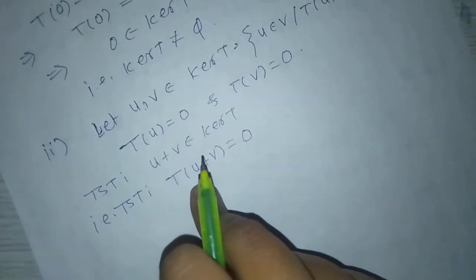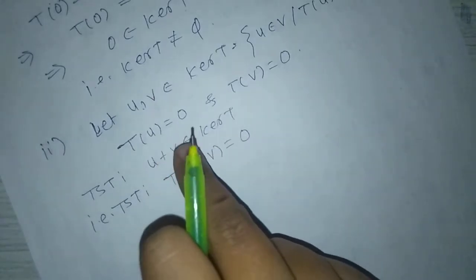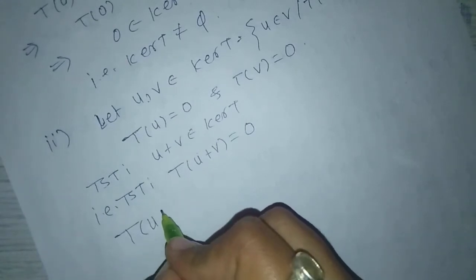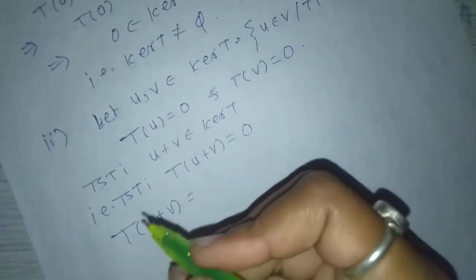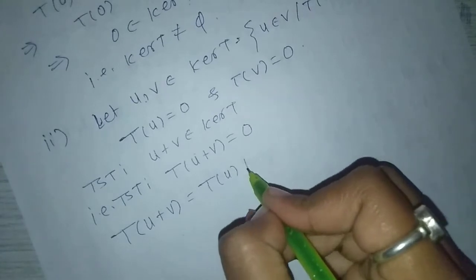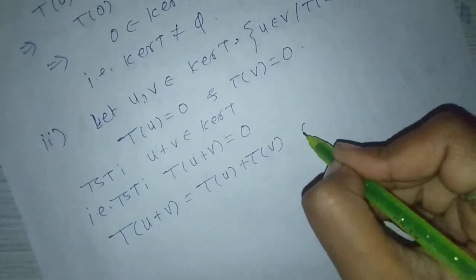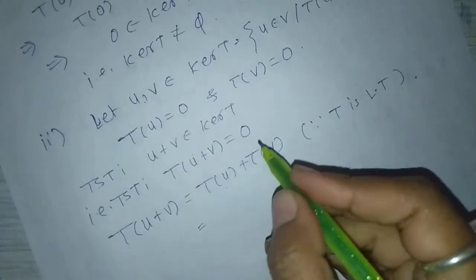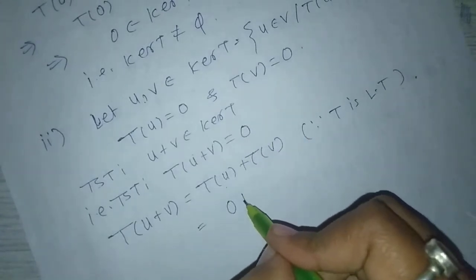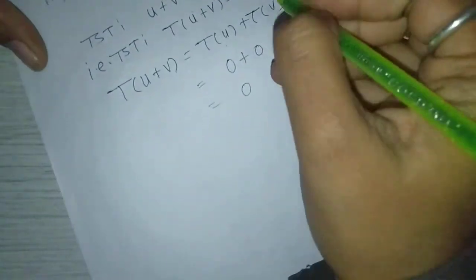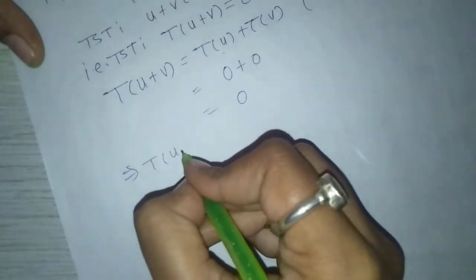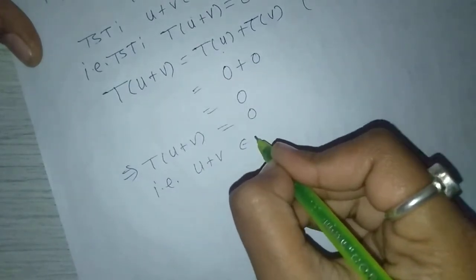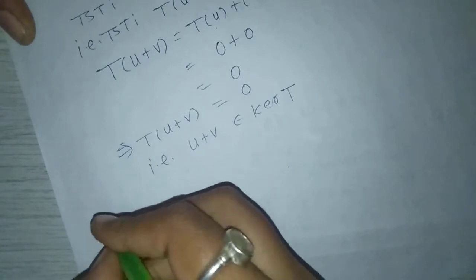If we get T of u plus v equals 0, then we can say that u plus v belongs to kernel of T. First take the left hand side, T of u plus v. T is a linear transformation, so we can write T of u plus T of v. But T of u and T of v are 0, so putting these values, we get 0, which implies T of u plus v equals 0, that is, u plus v belongs to kernel of T.